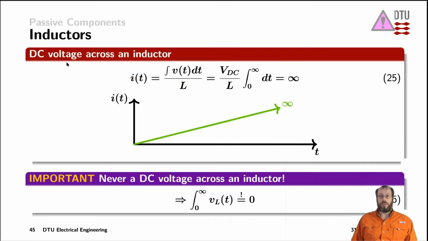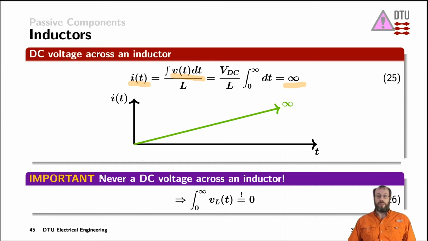Applying a DC voltage across an inductor would lead to this integral here being integrated over time until infinity, because the DC value will stay constant forever. And that means that the current would follow that path of the integral, and as the integral is going towards infinity, means that the inductor current would also go towards infinity, which is theoretically possible, but practically that would lead in some destruction of either the inductor or some other parts of the circuits.